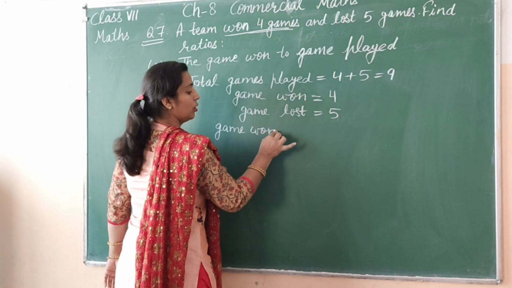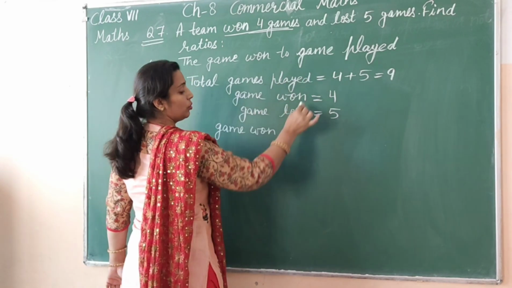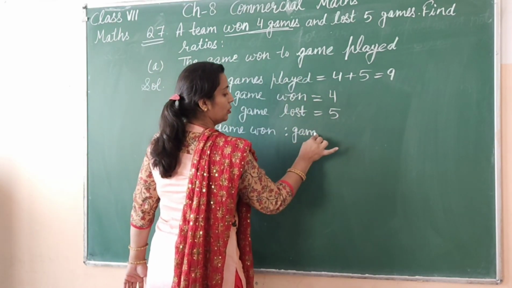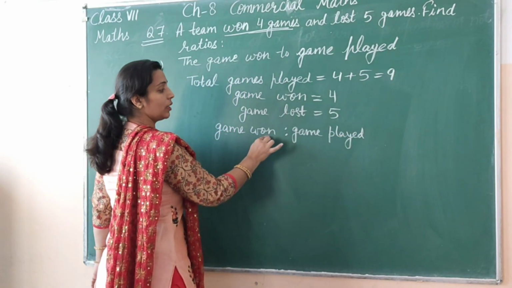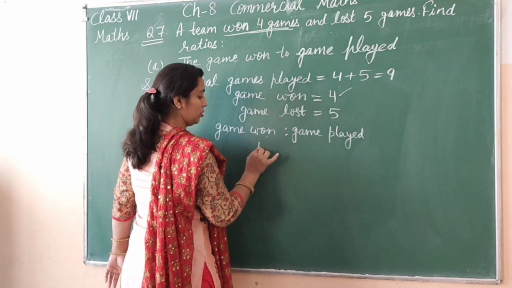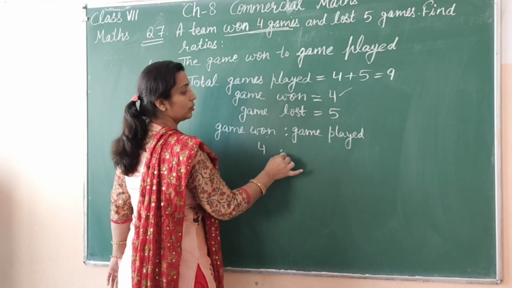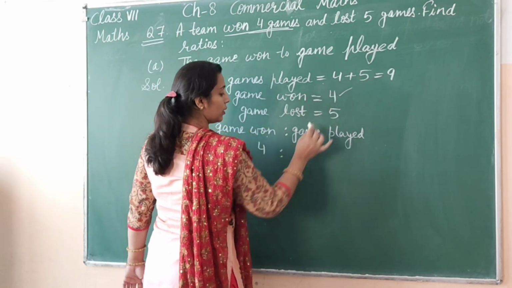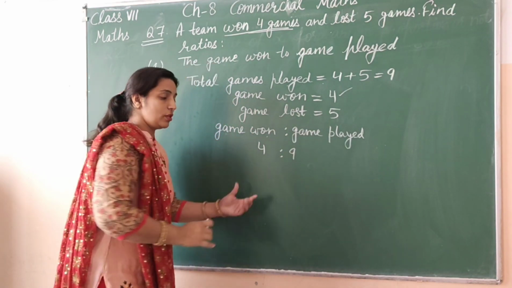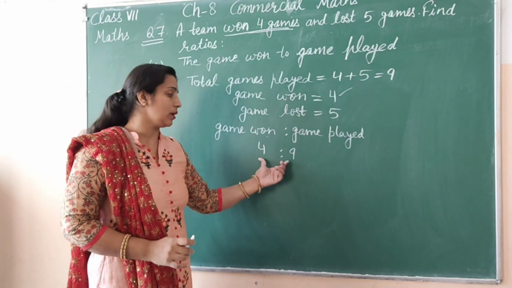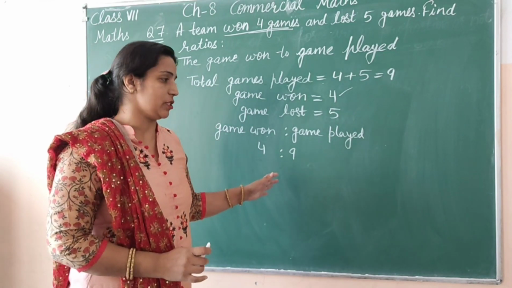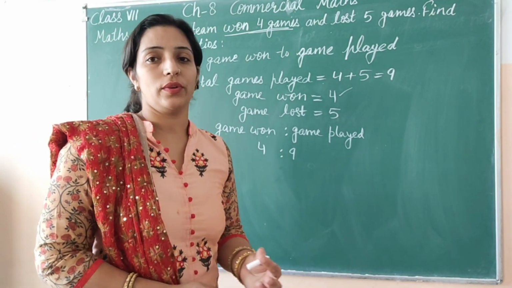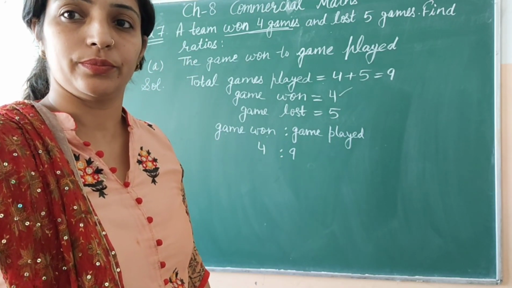Games won, ratio sign, to games played. How many games won? 4 is to games played. Total games played are 9. We have to write in the simplest form, but you can see 4 is to 9 is already in the simplest form. Okay. So in this way you can do the next part also.